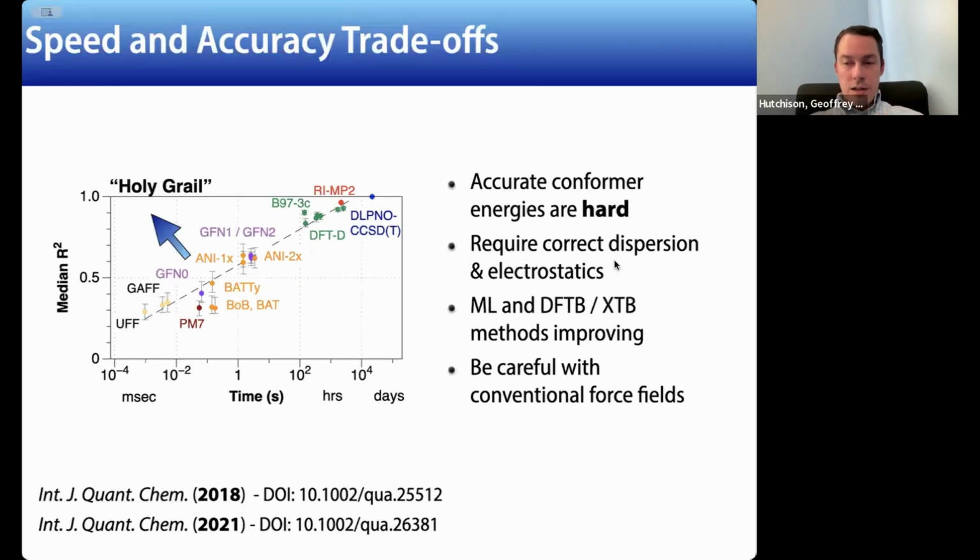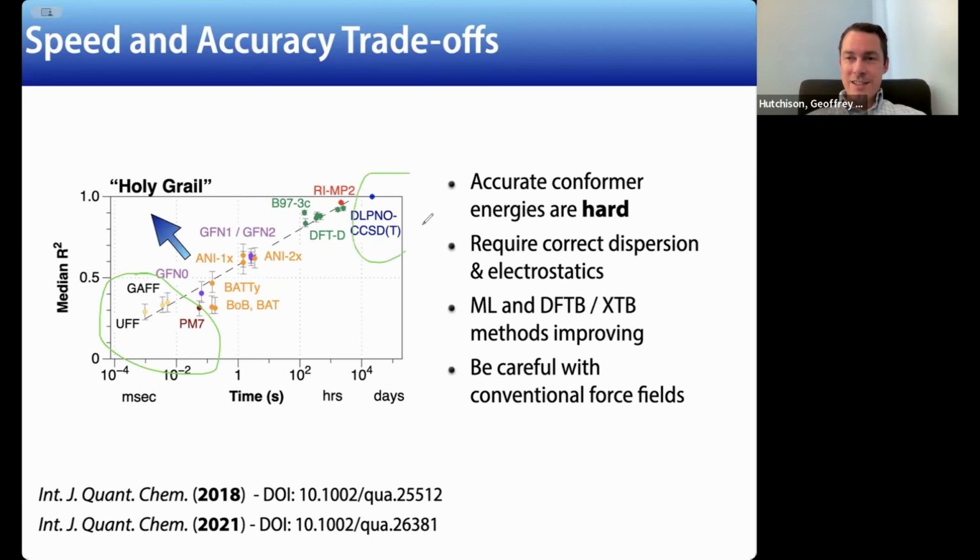Now, one thing that comes up in computational chemistry is that there's often a trade-off between speed and accuracy. This is a graphic we designed for a benchmark of conformer energies. You can see on the one hand, the traditional force fields are quite fast.